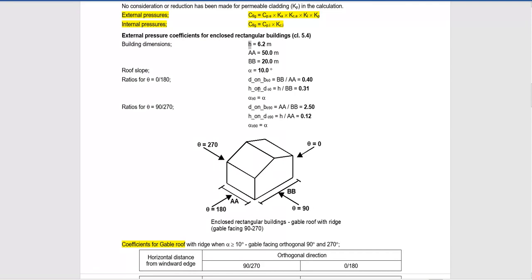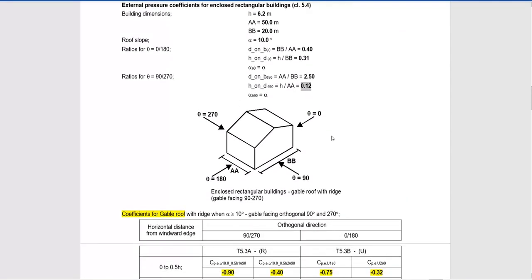These are the ratios: D over B is 0.4, which is less than 1. H over D for the roof is 0.81, which is less than 1. The ratio of A over B is 2.5, and the ratio of H over D is 0.12. We're going to see the expansion later on.